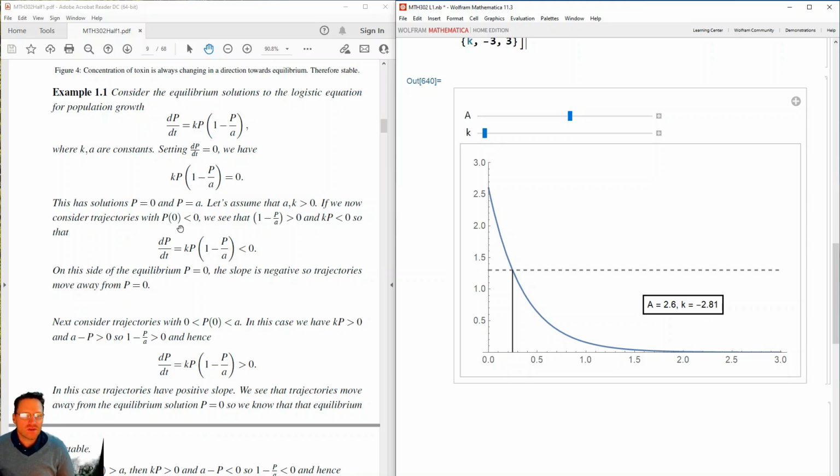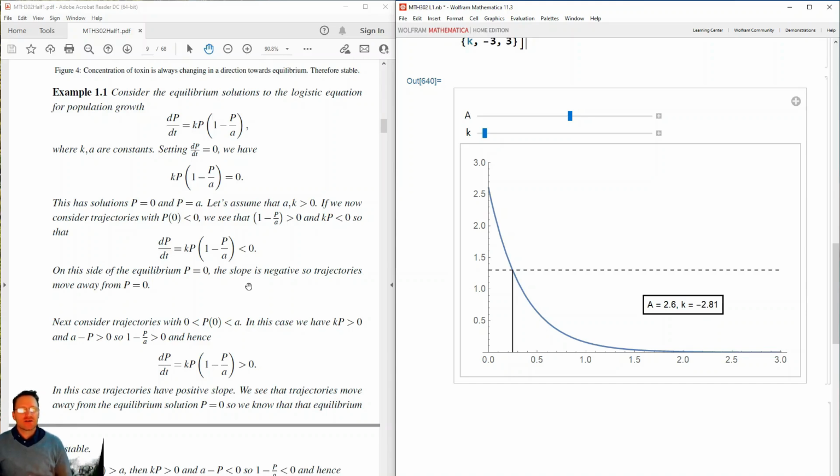Okay, so if we start with population negative, we see then that 1 - p/a is positive and kp is negative. So looking at this, the product of those two then is negative. So dp/dt is negative in that case. So on that side of the equilibrium, p = 0, the slope is negative. So that tells us that trajectories move away. So the arrows go left to right in the diagrams, right? So they move away from that equilibrium p = 0.